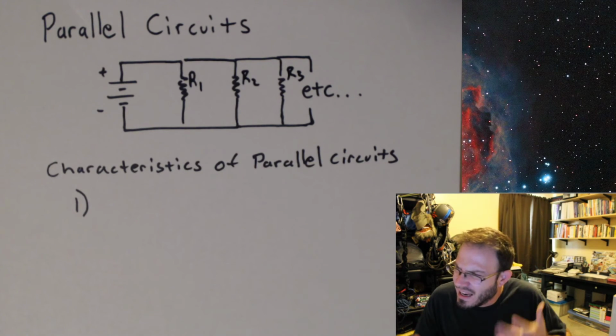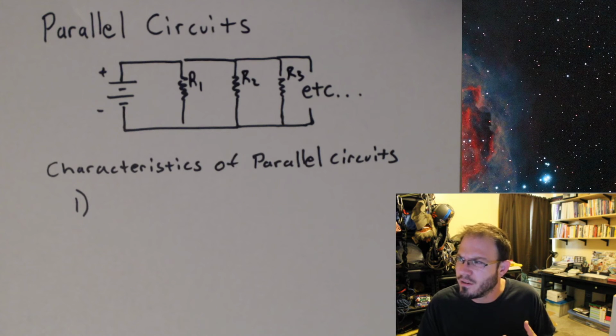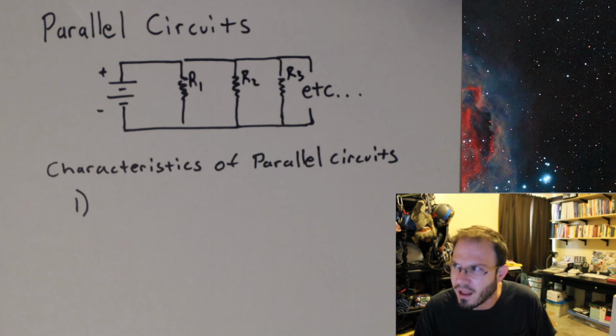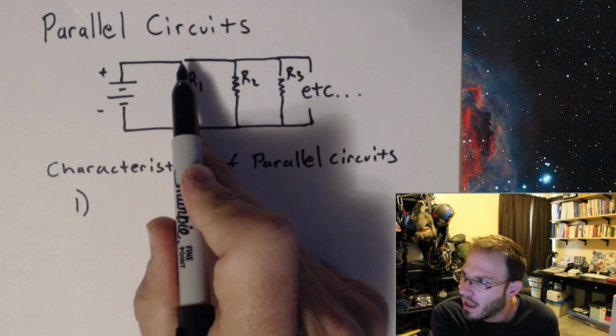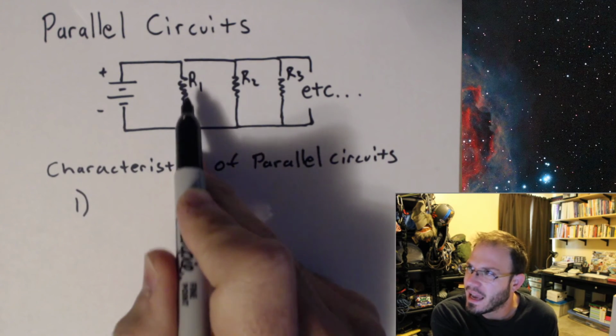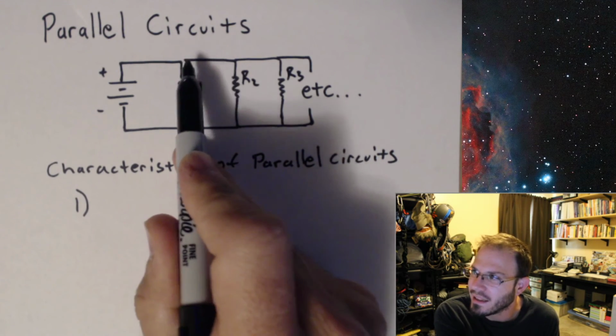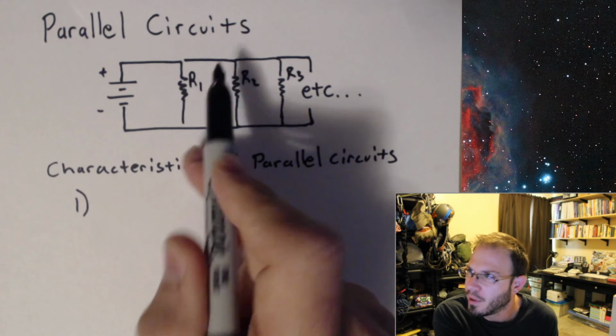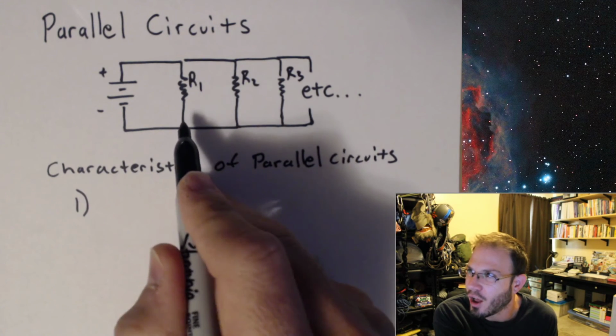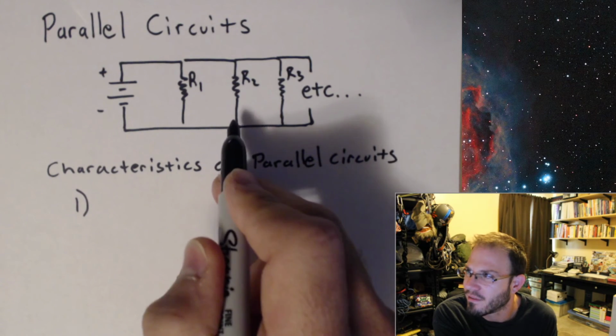If we're going to ask ourselves the question of, is it in parallel, we should be asking ourselves, is one side of a component, in this case R1, directly tied or directly connected to one side of another component, and is that other side also connected to the other side of that component?